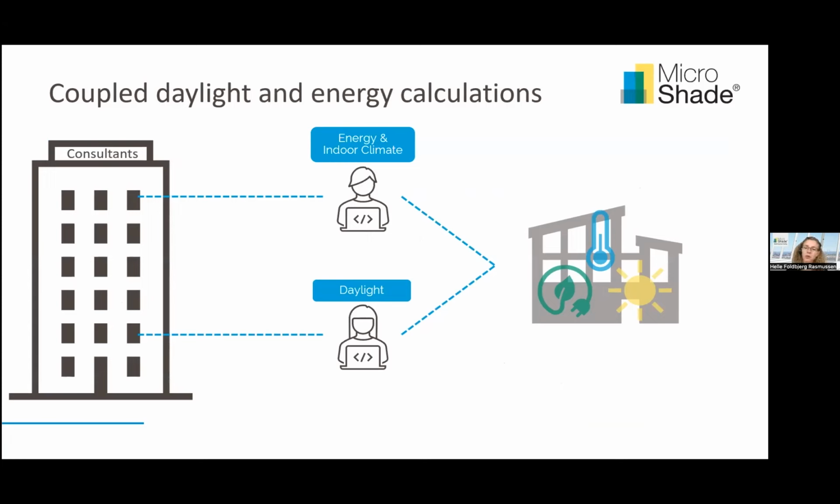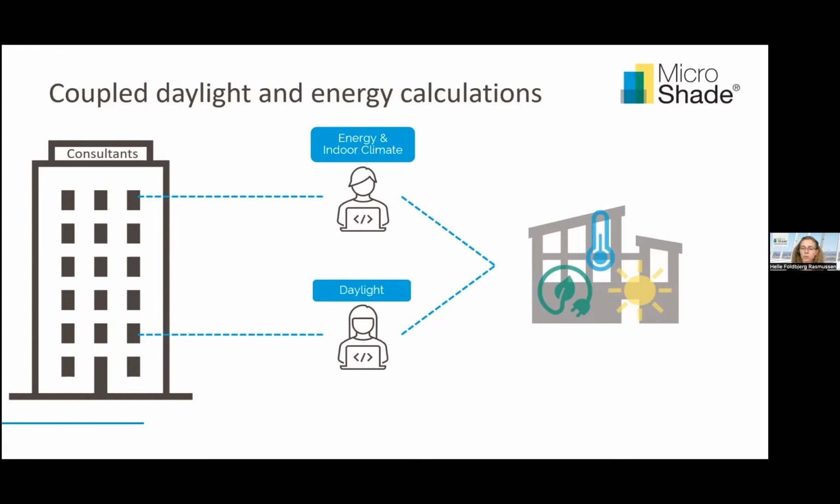In SimShade, we use coupled daylight and energy calculations. By coupled, we mean that we keep the geometry and assumptions in the model in only one place. This way, we ensure that all assumptions are aligned and that the shading schedule used for the indoor climate simulation is also used in the daylight calculation.